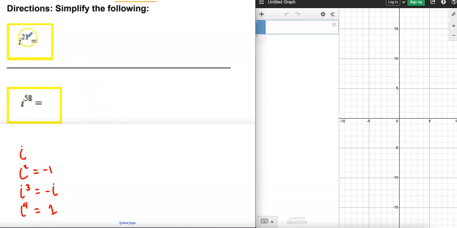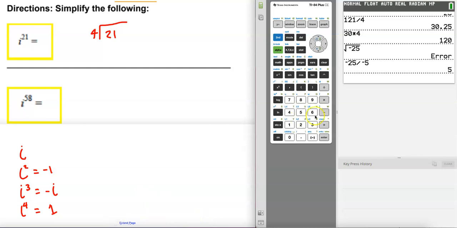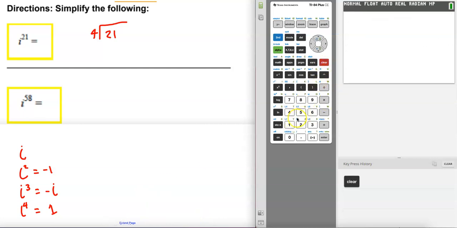So if the exponent on i is greater than 4, I'm just going to use the remainder to help me. I'm going to take my highest cycle, which is 4, and divide the exponent by 4. If I didn't know this, I'll use my calculator: 21 divided by 4.